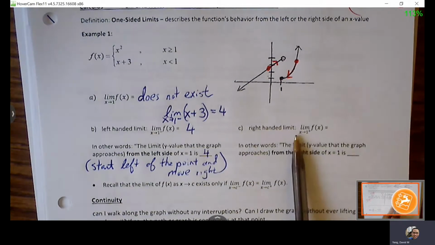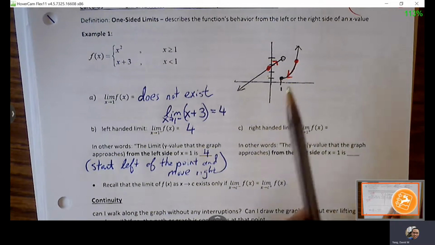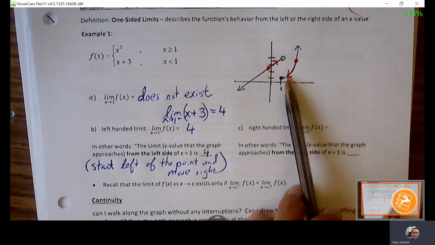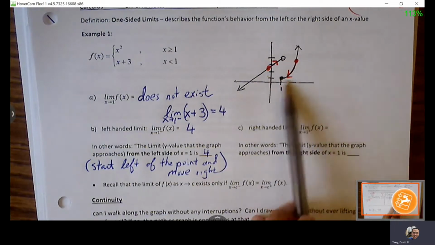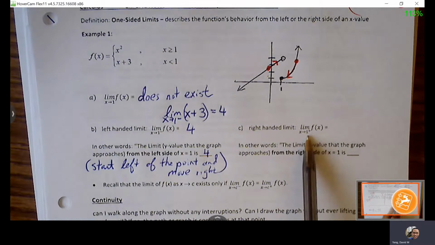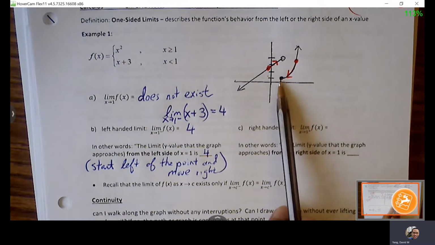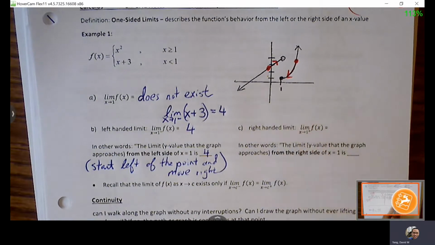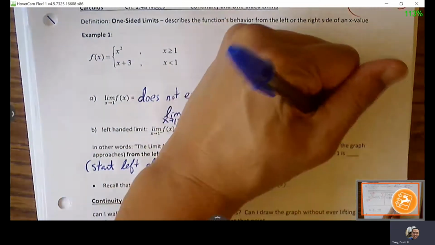Okay, right-handed limits, that means we're starting on the right side of 1 and moving towards 1. Based off the graph, what's the right-sided limit going to be? 1. Right, the y value. Remember, with limit, we're always talking about the y value. What's the approach of the y value?